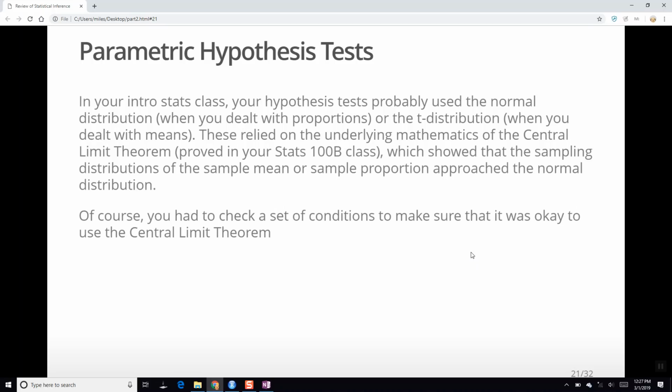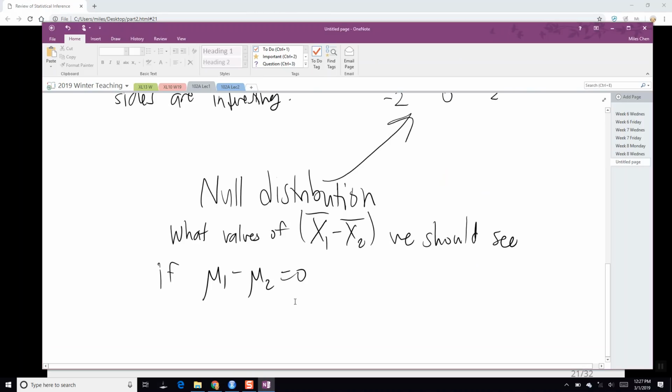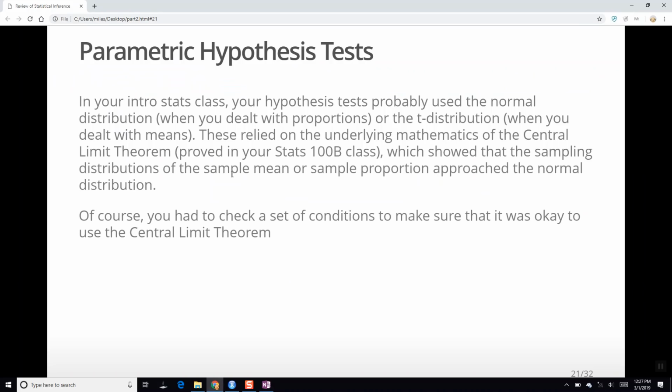All of this stuff depends on what? It depends on the central limit theorem. The central limit theorem says large random samples will follow a normal distribution. But there were a few conditions. One was that the samples had to be large. Other was that the sample had to be randomly sampled.